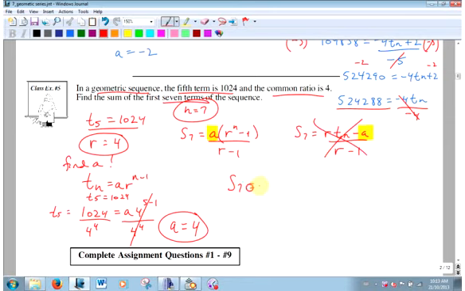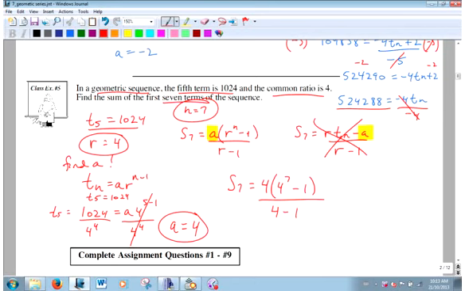So the sum of the first 7 terms is A times R to the n minus 1 over R minus 1.